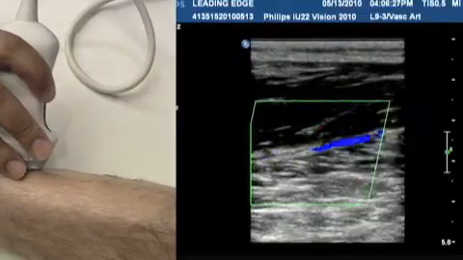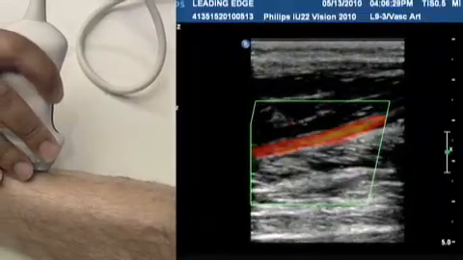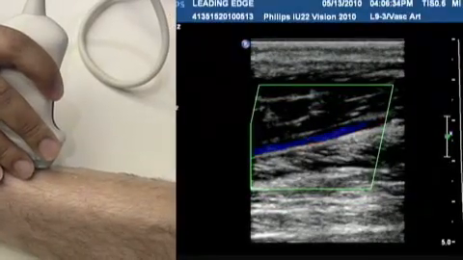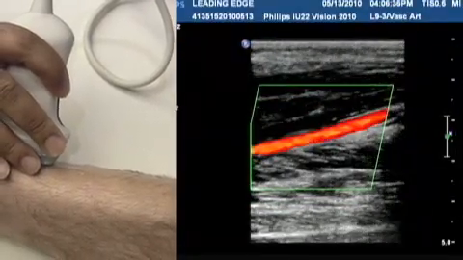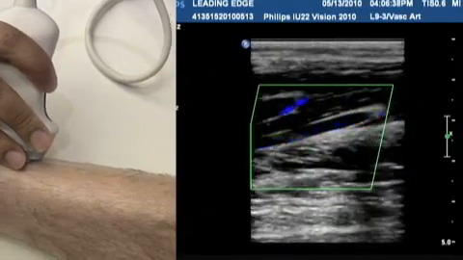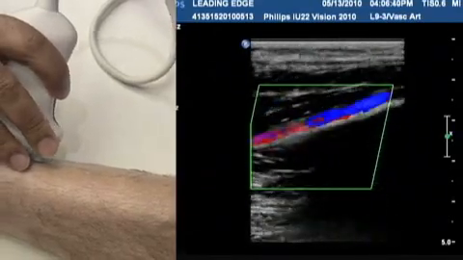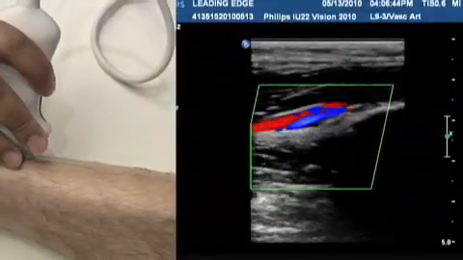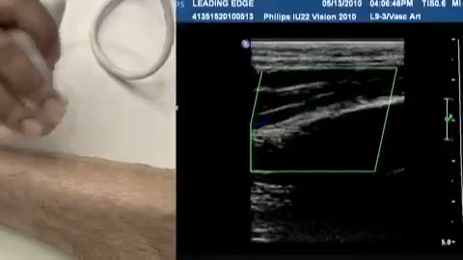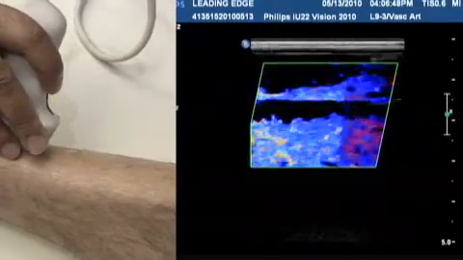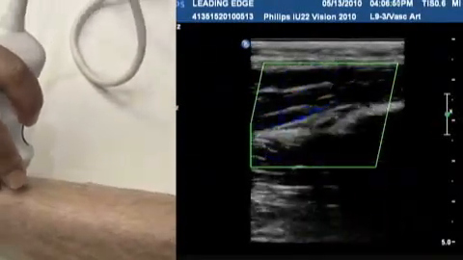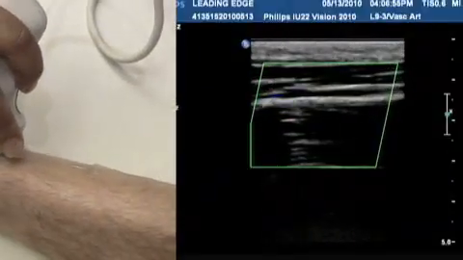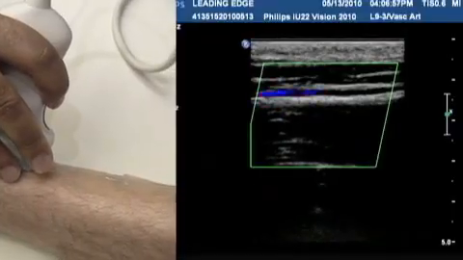And along the way, by the way, you should be acquiring representative waveforms at what we like to refer to as predetermined sites along the length of the leg, proximal, mid, and distal calf for us. You can see here starting to get very superficial. And there's actually a point at which it crosses over. Very nice waveform. I'm going to switch transducers now.